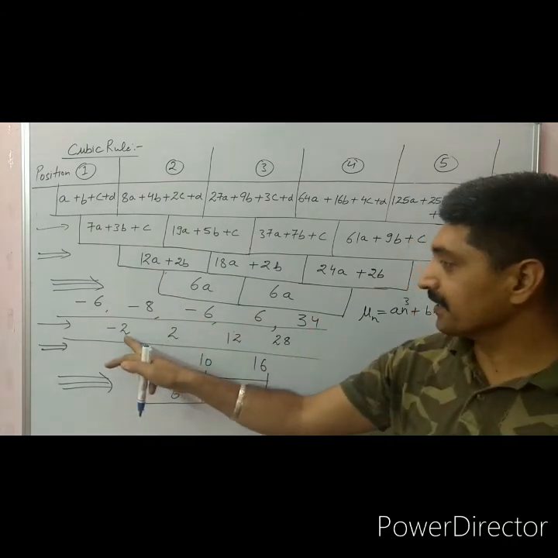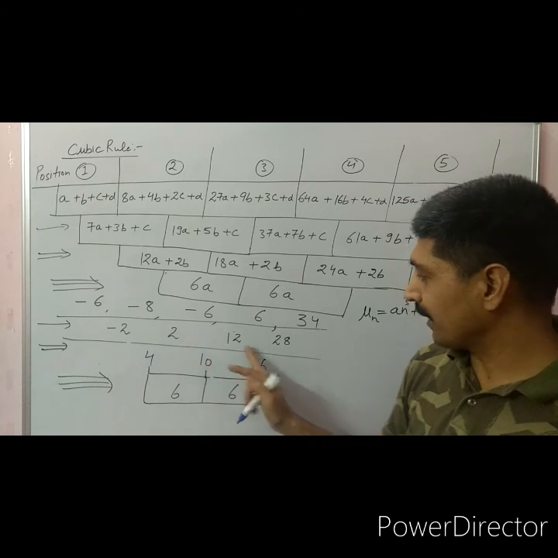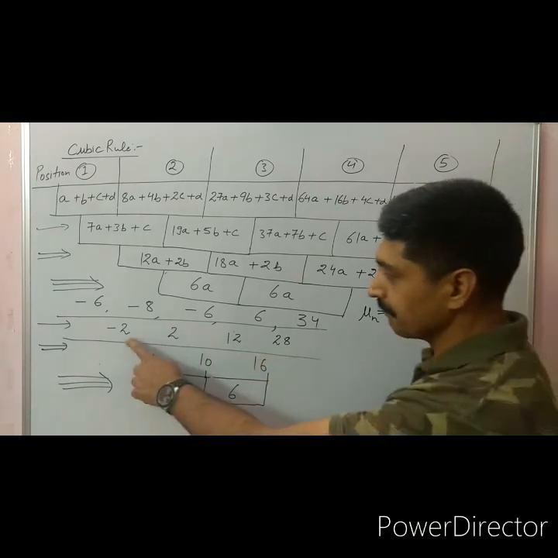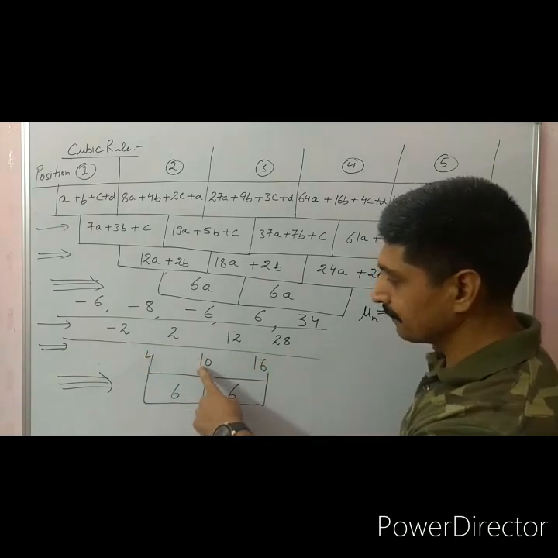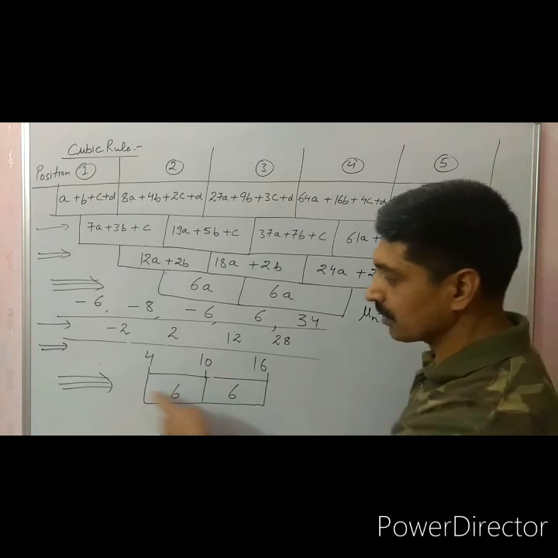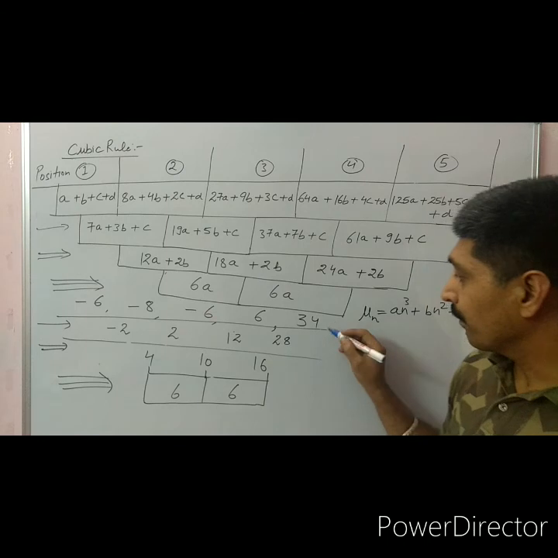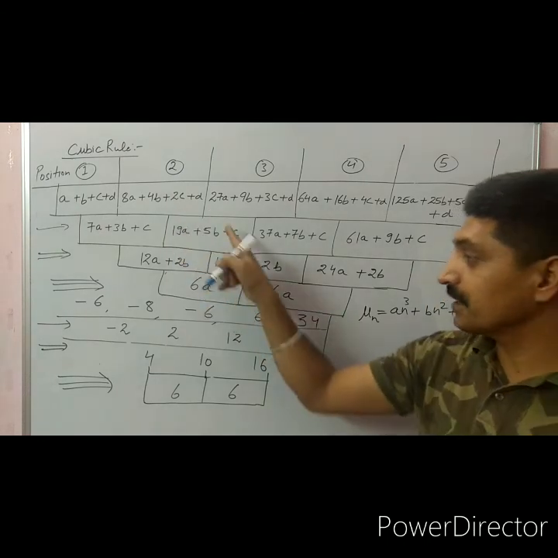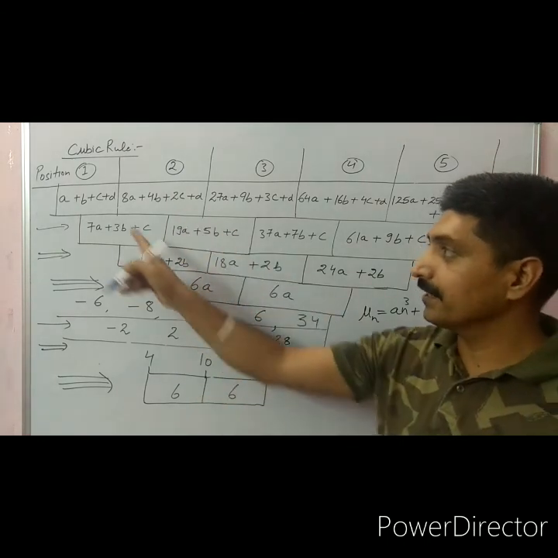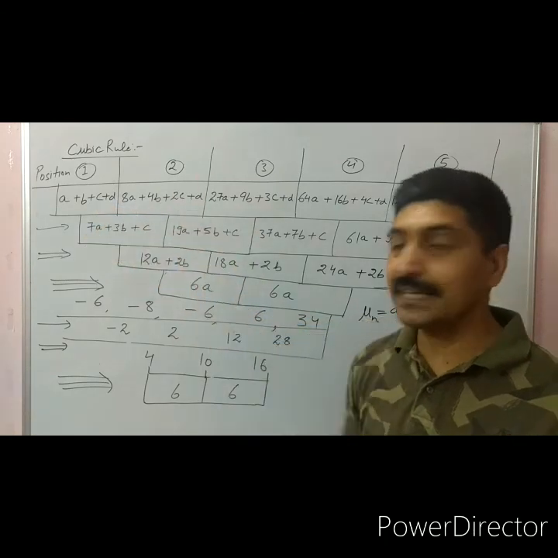First difference: minus 2, 2, 12, 28. The second difference: 4, 10 and 16. Now the third difference is 6 and 6. Now by comparing with the table, we can very easily find the values of a, b, c and d.